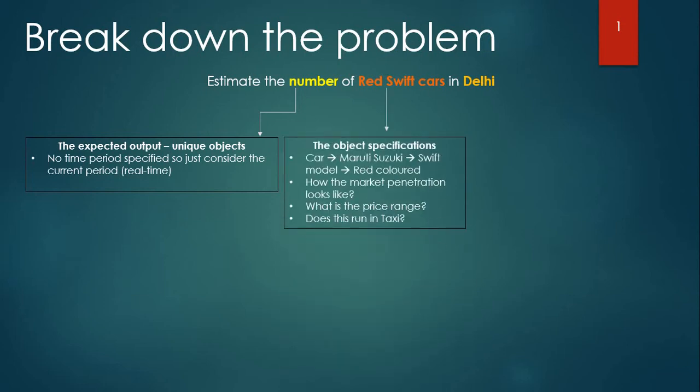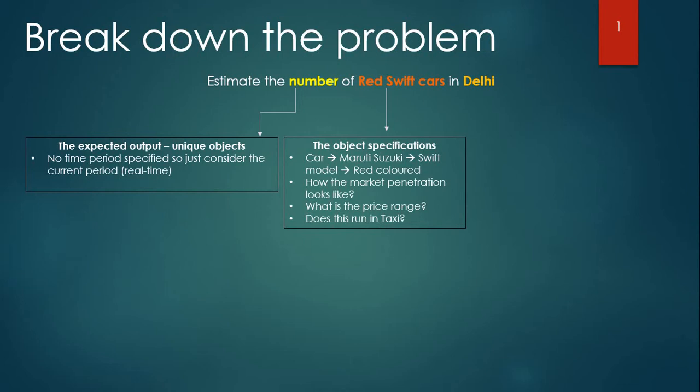The second part of the problem is your object specifications. Here they are talking about the cars, and in particular the Swift cars, which are manufactured by Maruti Suzuki. And under the Swift model itself, they want to estimate the red colored cars specifically.